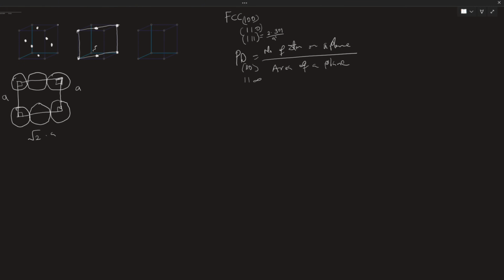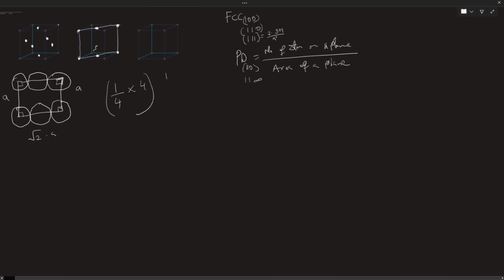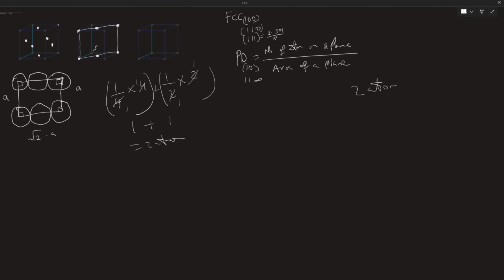So we have 1 over 4 times 4, then 1 over 2 plus 1 over 2 times 2. So we have 1 from the corners plus 1, which is equal to 2 atoms. So let's write it somewhere, 2 atoms.